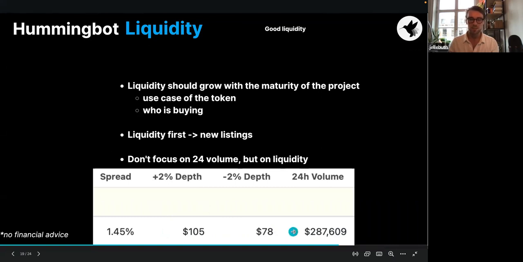And this doesn't look right: you can tell me you have almost 300K of trading volume within 24 hours, while you have a spread of 1.45 and only $105 of liquidity within 2%. So please focus on liquidity first, and then 24-hour volume, if you're a token project, exchange, or anyone interacting with tokens. And sometimes take these things with a grain of salt.